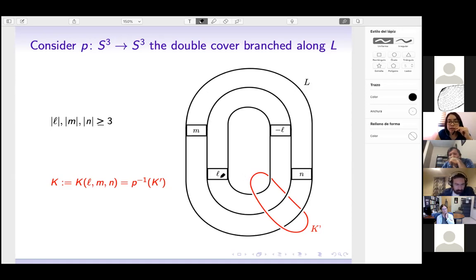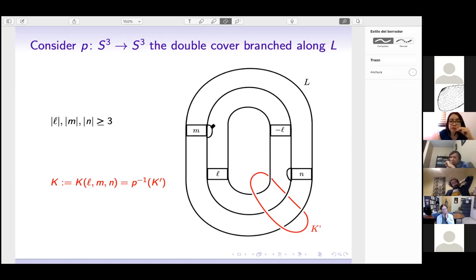This is because this crossing here cancels with the crossing here. And by canceling this crossing, we will obtain this strand here. And by twisting this crossing, we can eliminate them also. So L is the trivial knot, and we can see that also the knot K prime is trivial.